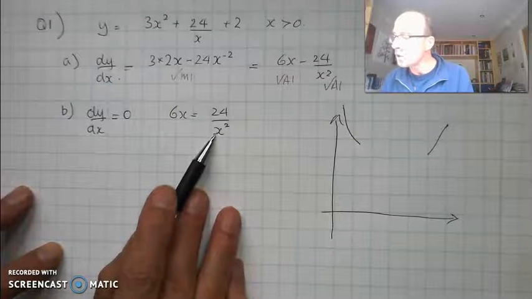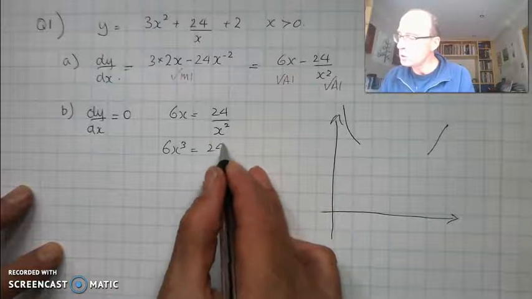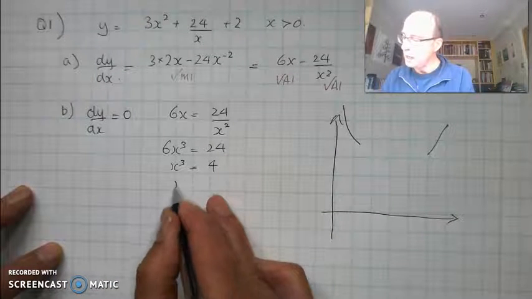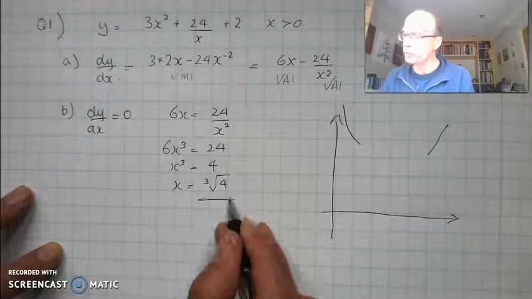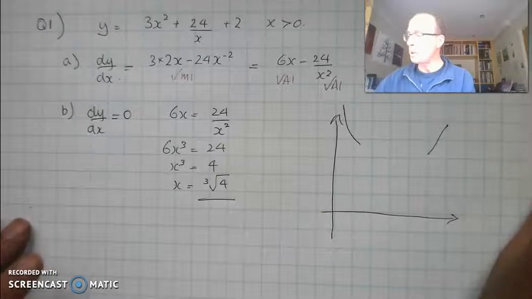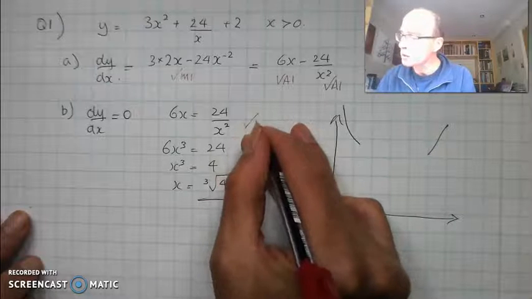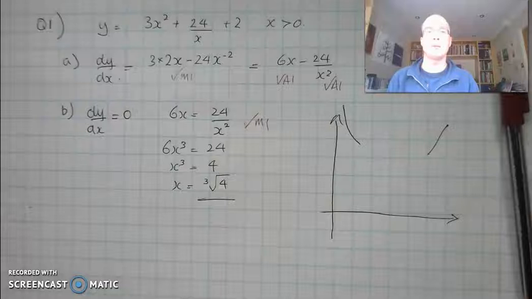I can multiply through by my x squared, so I've got 6x cubed equals 24, x cubed is equal to 4, and x is equal to the cube root of 4. Getting from this bit up here down to this bit got no additional marks; I got a method mark just for putting my dy by dx equal to 0.